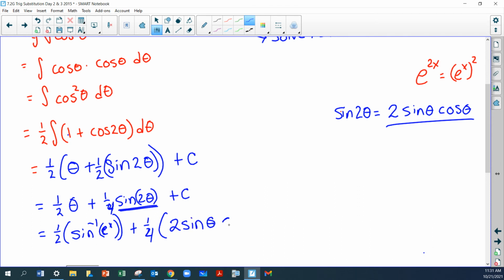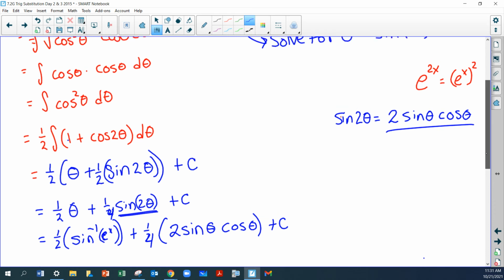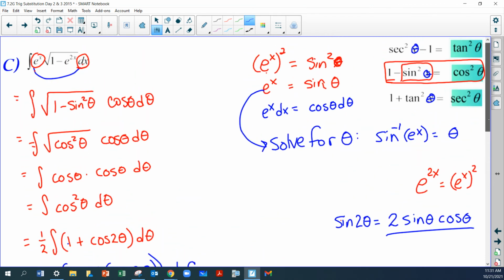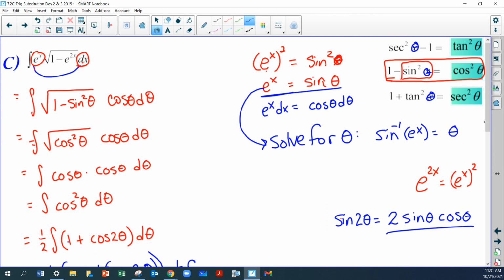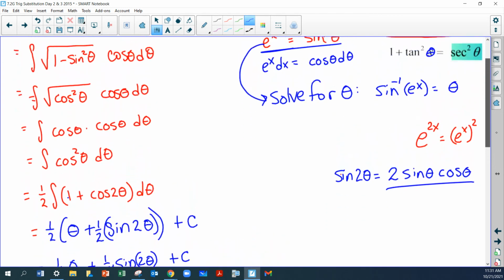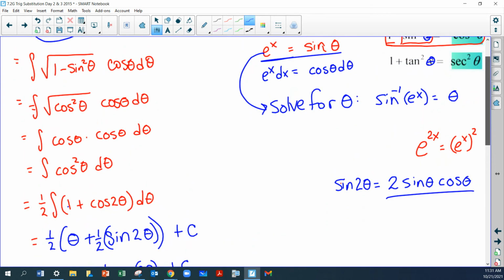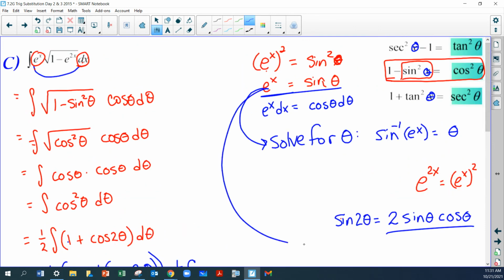So it's 2 sine theta cosine theta plus constant. Now I need to know what sine theta is, and I think I might have that. Sine theta is e to the x, but I don't have cosine. Guess what? We get to make a triangle.